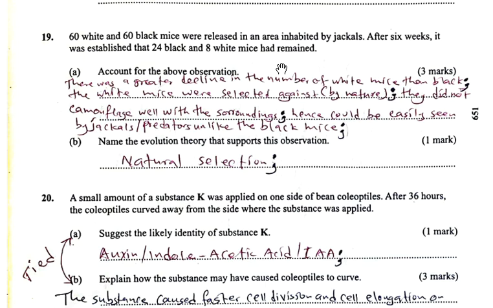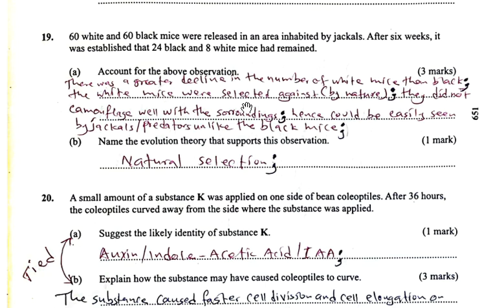There was a greater decline in the number of white mice than the black. As you can see, 60 white mice, then 8 remained, while black 60 originally, 24 remain. That's why you're saying there is a greater decline in the number of white mice than black.